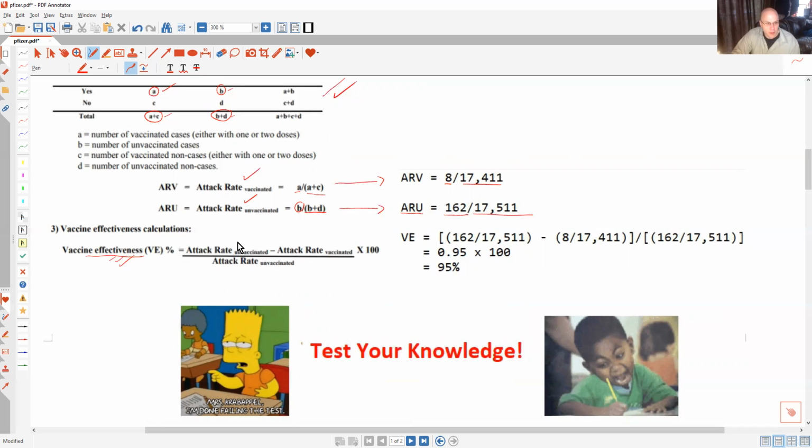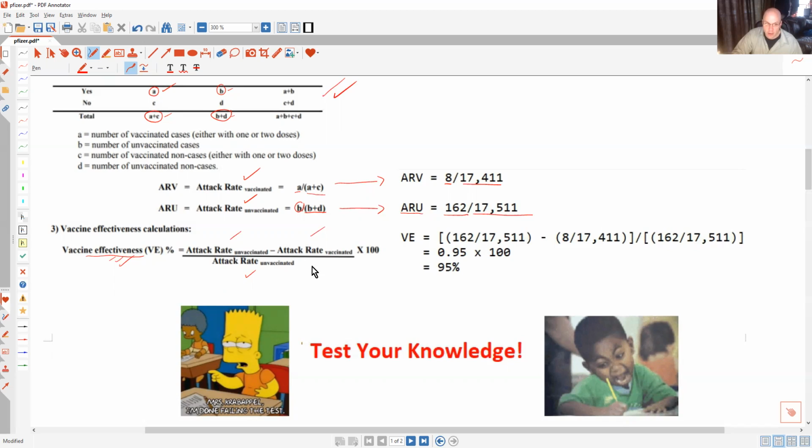So let's compute this right here. Attack rate for the unvaccinated minus the attack rate for the vaccinated. That's what's appearing in our numerator of our formula. In the denominator, we have attack rate for the unvaccinated. Now, the best way to understand this formula is to kind of drive it to its extremes. What would be the best case scenario for the vaccine?